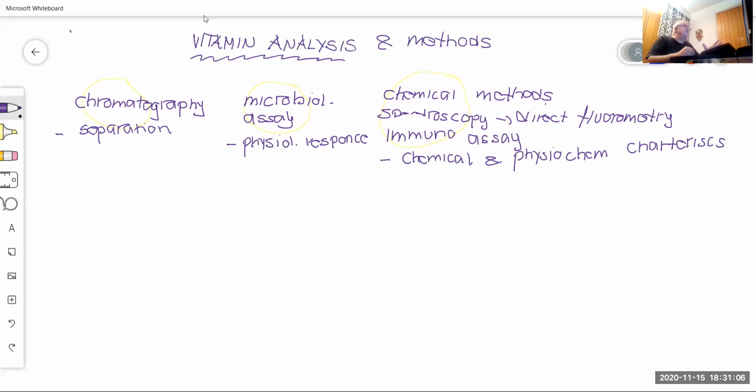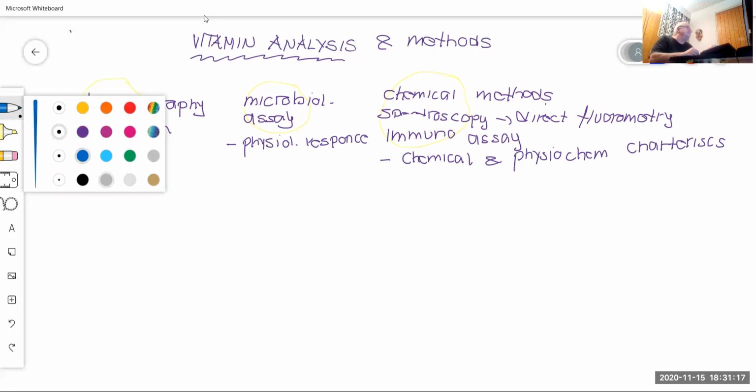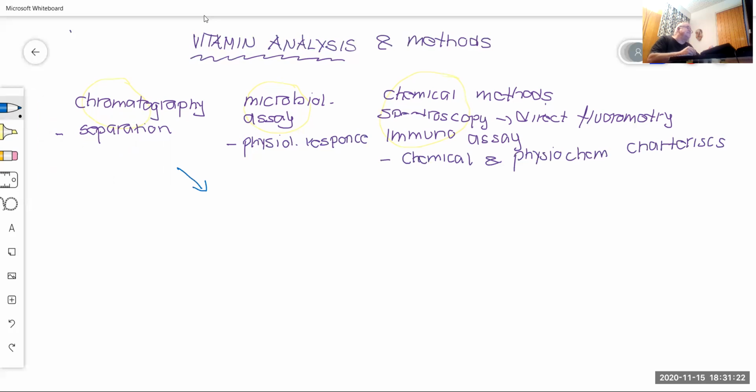So you have different kind of procedures: chromatography, microbiological assay, chemical methods. So what are you then looking for? You are trying to find the answer with these methods, or these methods, or these methods. What is vitamin? How do you define that?